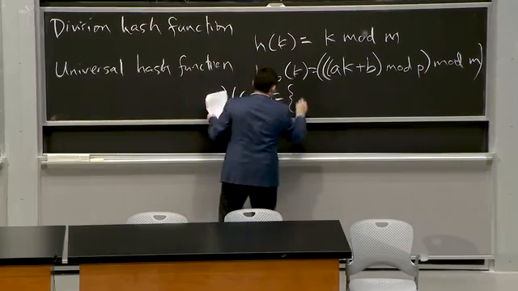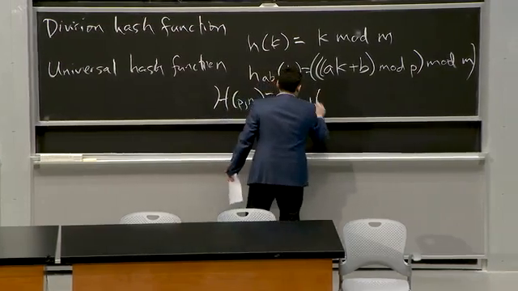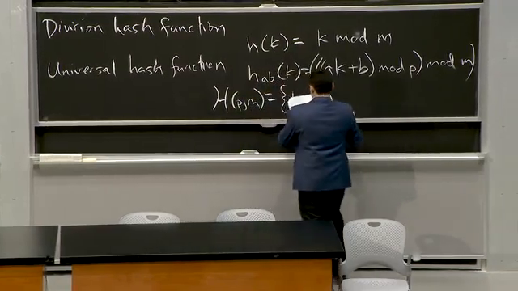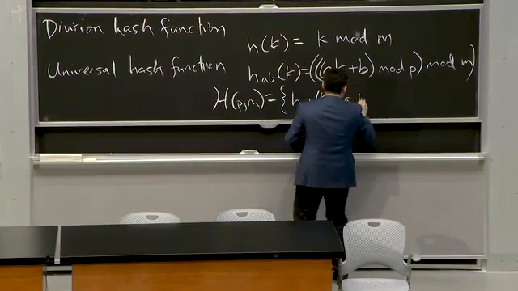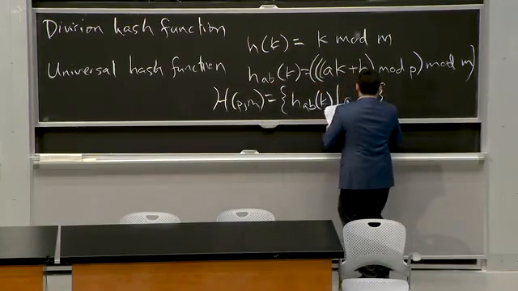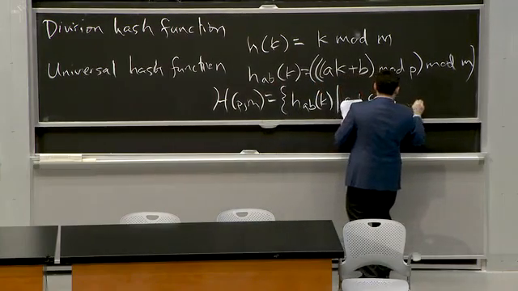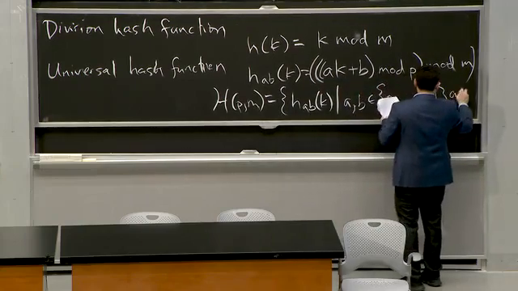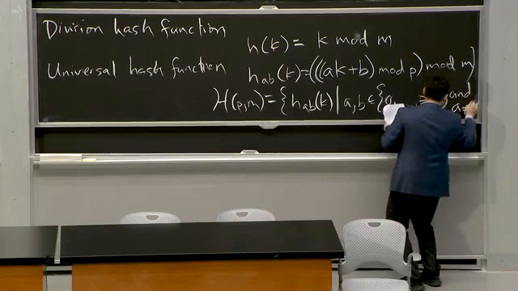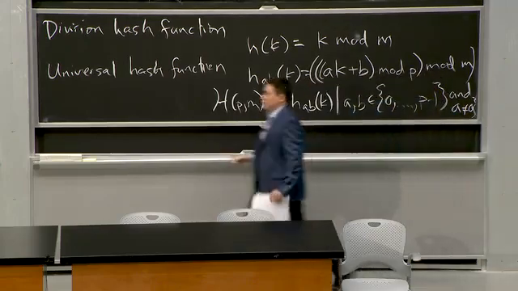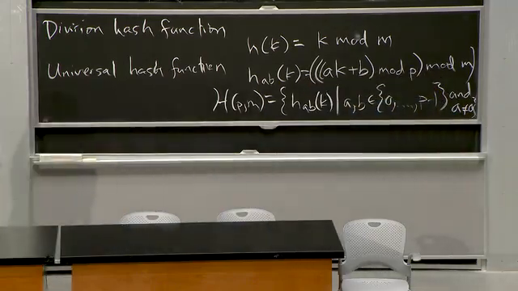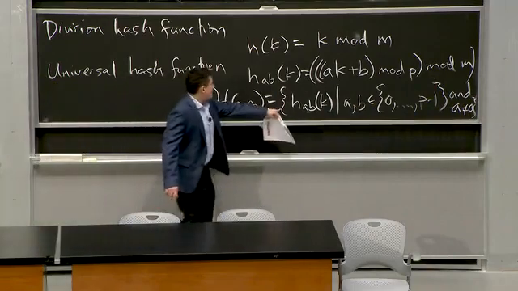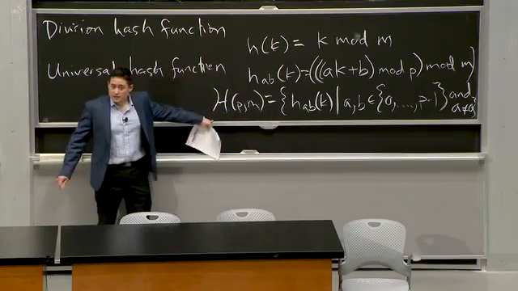which are this H_{a,b} for some random choice of a, b in this larger range. All right, this is a lot of notation here. Essentially what this is saying is I have a hash family, okay?